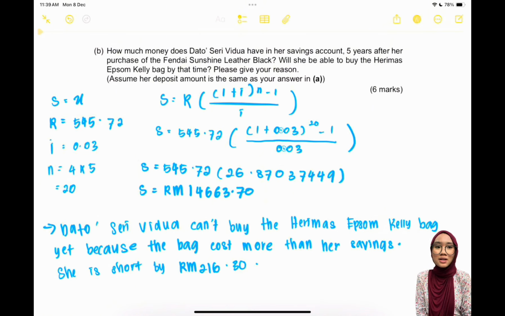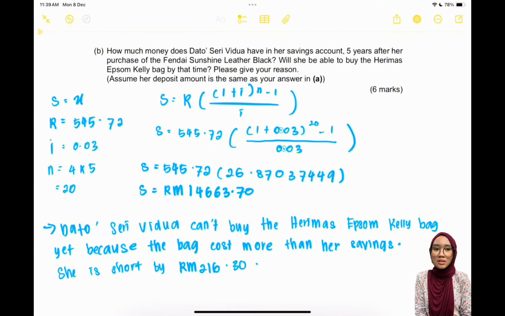So for question part B, we need to find S. S equals X. R is 545.72, I is 0.03, and N is 20. So for this question, we need to use the formula S equals R 1 plus I power N minus 1 over I. So S equals 545.72, 1 plus 0.03 power 20 minus 1 over 0.03. S equals 545.72 times 26.87037449.